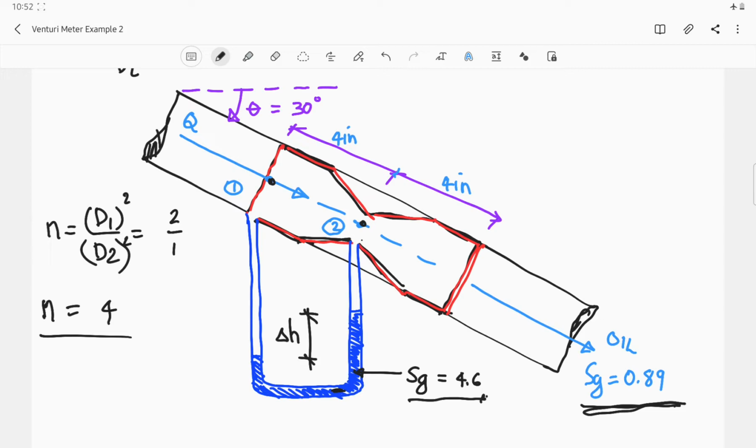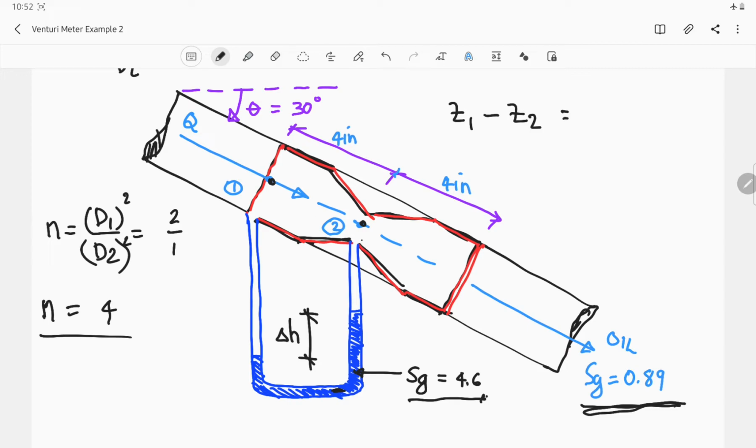Second step, we need to determine the difference in elevation between point 1 and point 2, or z1 minus z2.